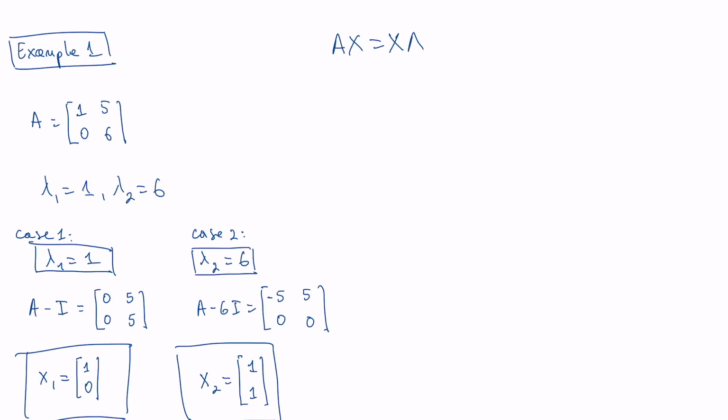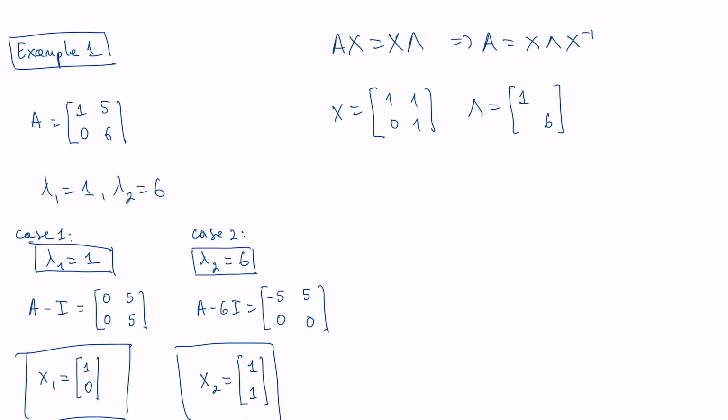So from here you can write A equals X lambda X inverse. You can tell I don't know this by heart. So the matrix X in question, I would take 1, 0, 1, 1. Of course, we can switch places, but then if we do, we also have to switch the corresponding eigenvalues. So to the matrix X corresponds this matrix lambda, because the first column of X corresponds to the eigenvalue equal to 1, whereas the second column of X corresponds to the second eigenvalue equal to 6.